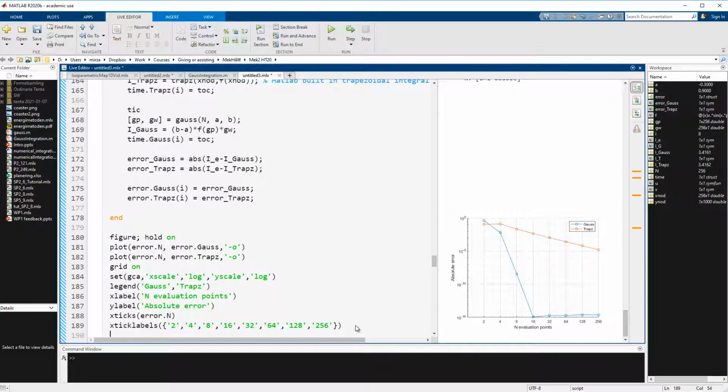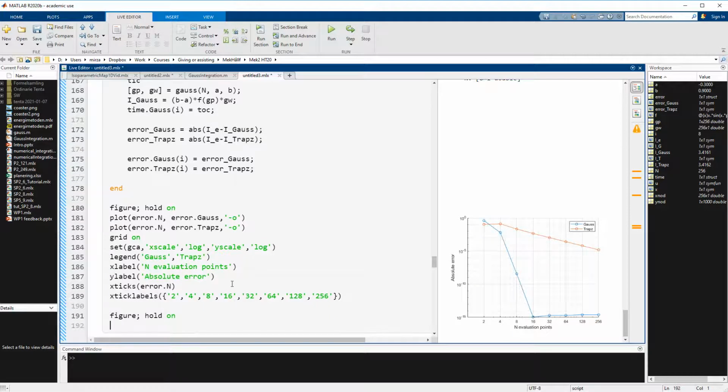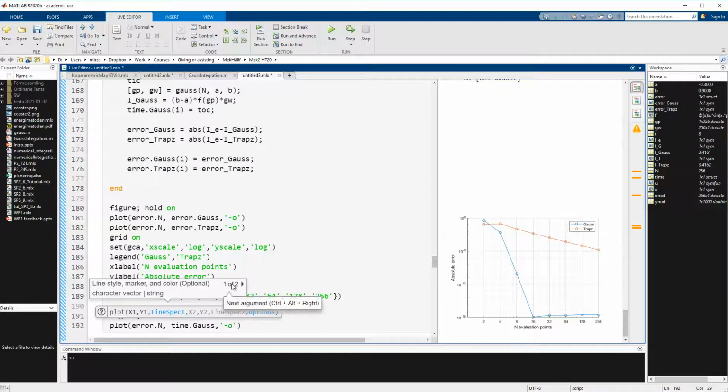All right, so how does this graph look for the time? So figure, hold on, I'm going to plot the time now. So I have time dot n here on the x-axis, and I have error dot n, and I have time dot Gauss, and these are going to be like so.